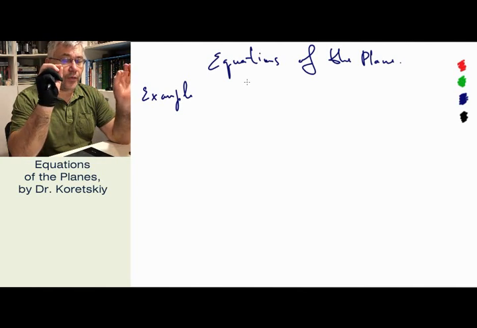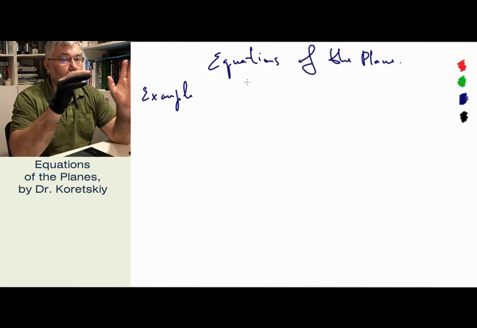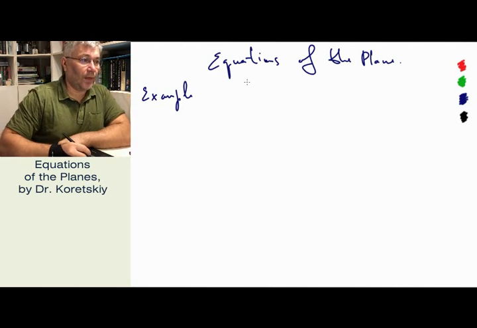But 3 points define exactly one plane. There is only one plane which goes through 3 points.